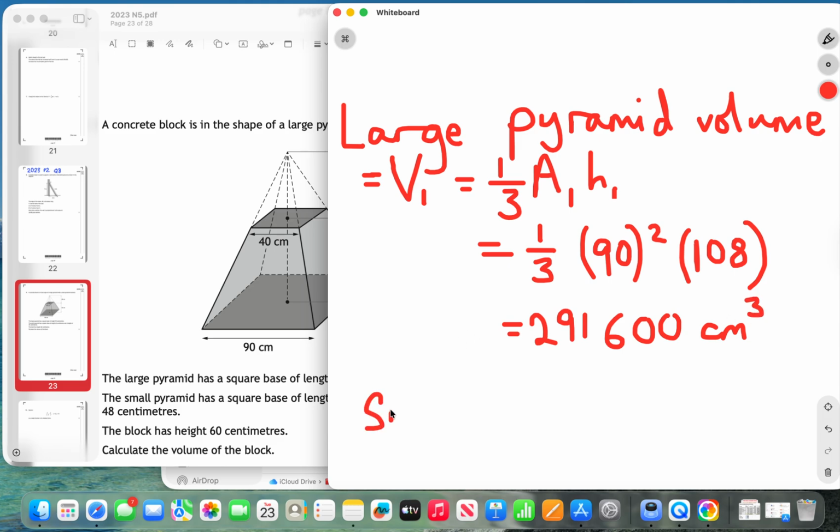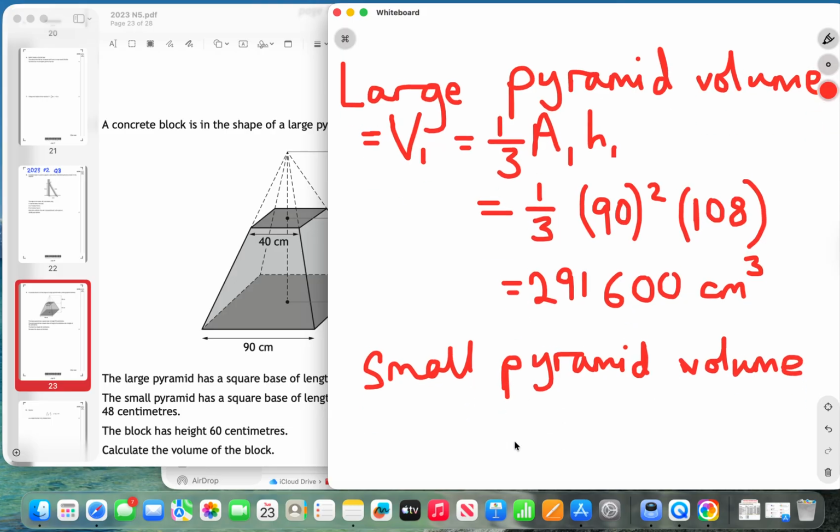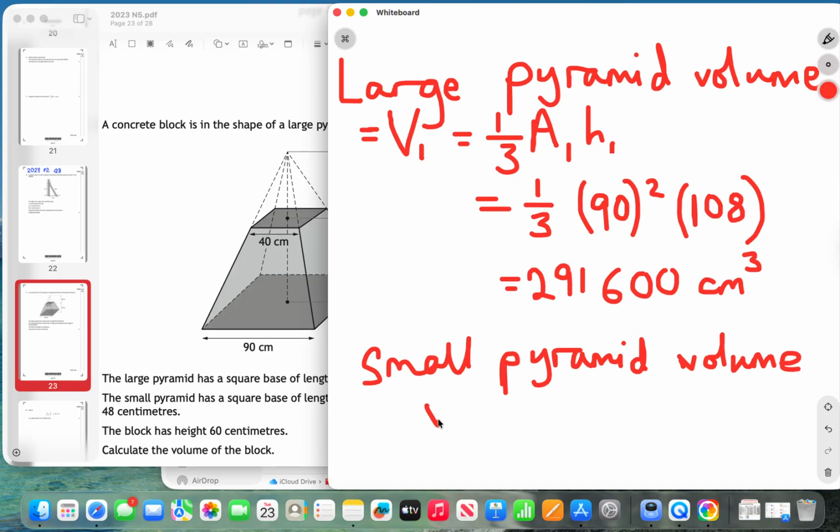Then we find the volume of the small pyramid. Volume V2, V and a small 2.